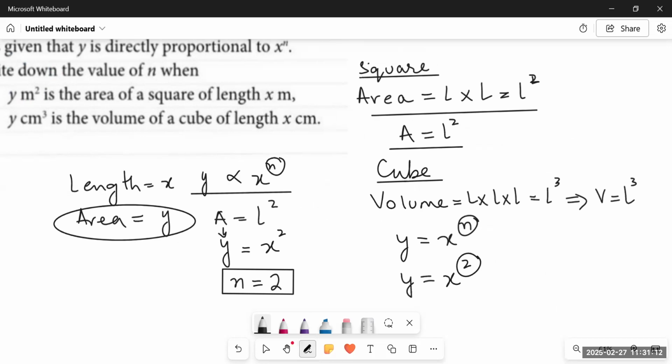And since they have given us that y is directly proportional to x^n, we can keep it like this: y is equal to x^n, where y is the volume and x is the length, so y is equal to x cube. Since the formula for this is V is equal to L cube, it would be y is equal to x cube. And we can say that n in this part would be 3.